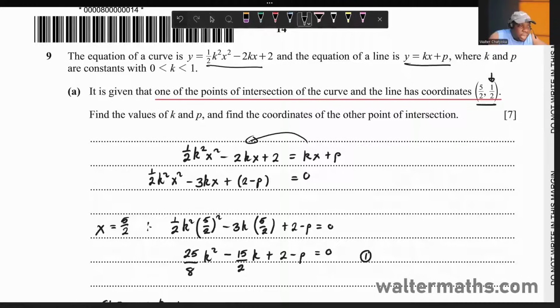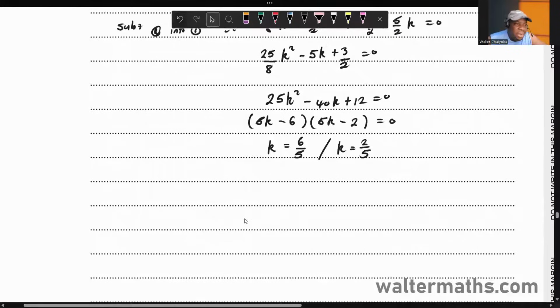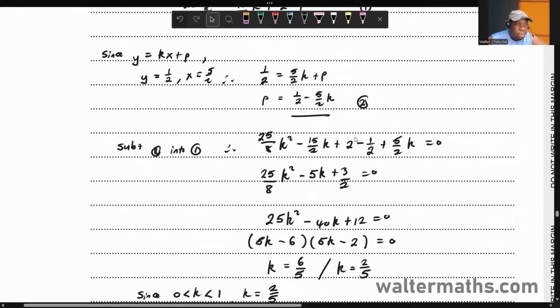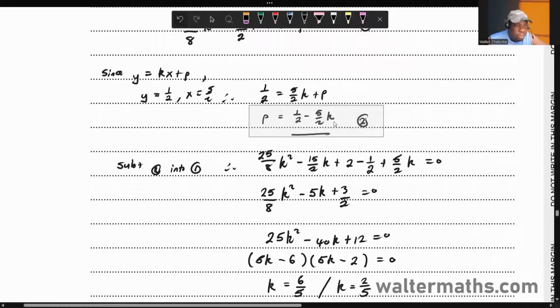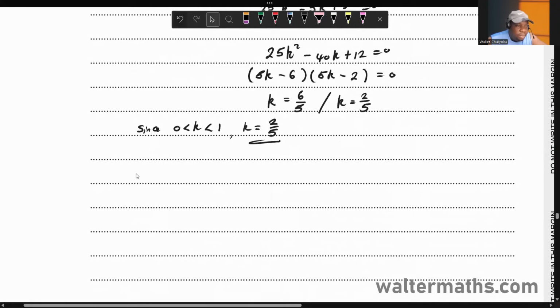But we are told that k has to range between 0 and 1. All right. So since k should range between 0 and 1, according to what they say, k should therefore be 2/5.